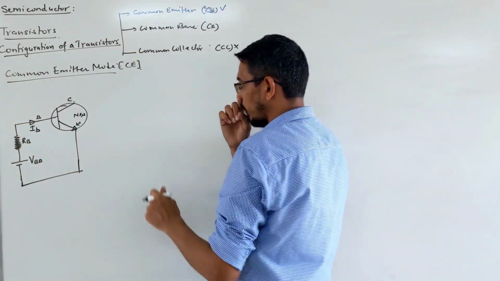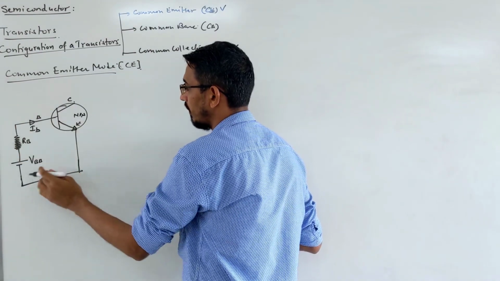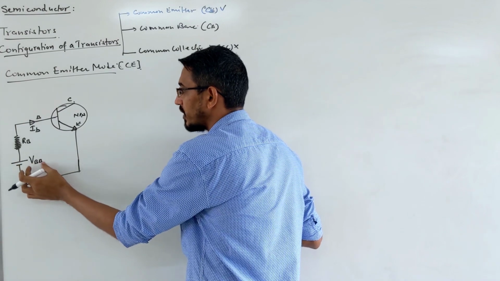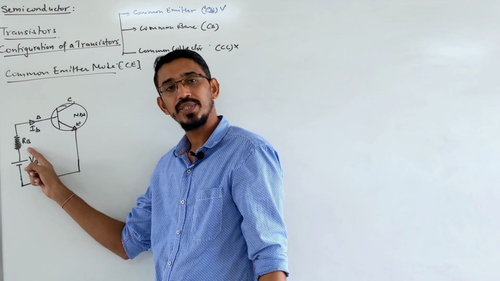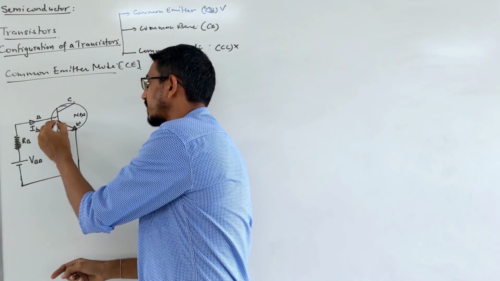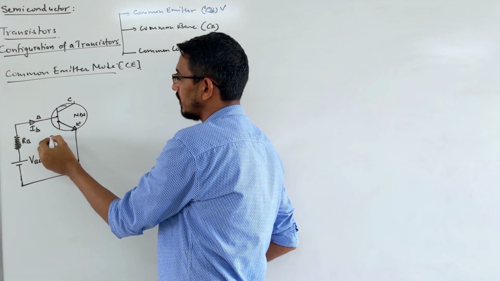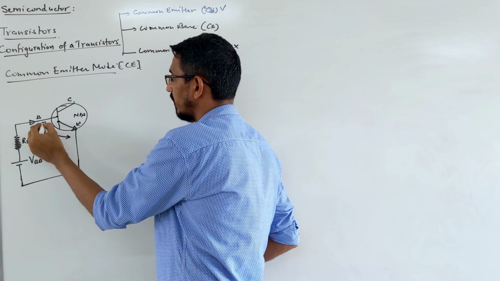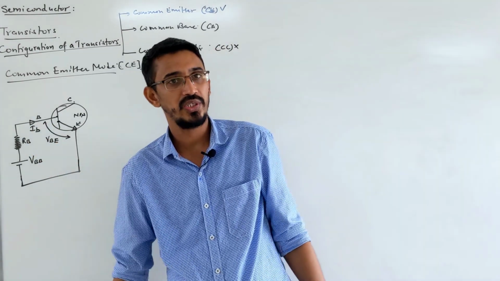If you watch carefully in this closed loop, when we solve numericals you have to understand where the voltage supplied by the battery VBB goes. It goes to this resistance plus this junction, the B to E junction. The voltage drop from here to here is called VBE, the base emitter junction.